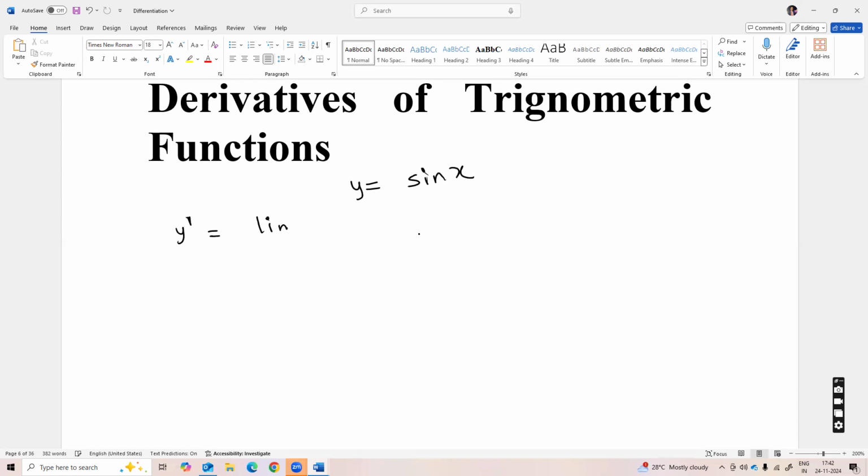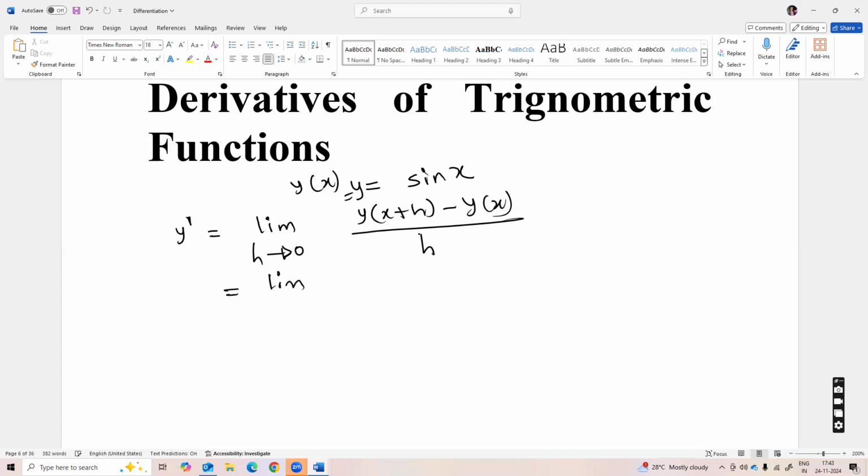limit h tends to 0, y of x plus h minus y of x divided by h. Here y of x is equal to sin x.